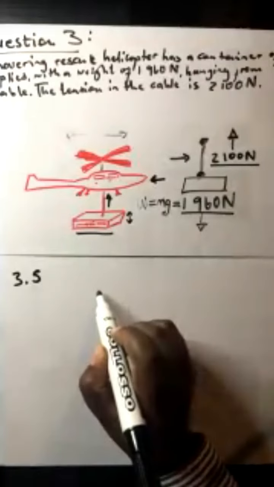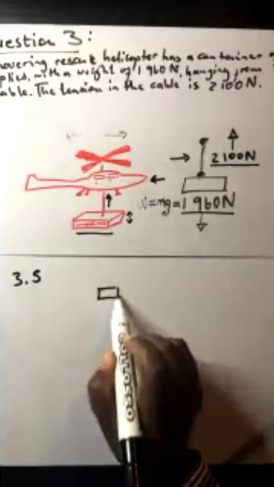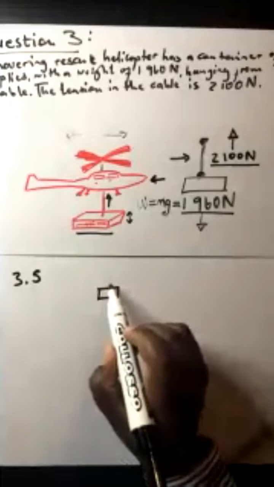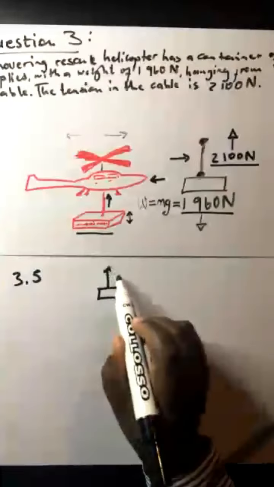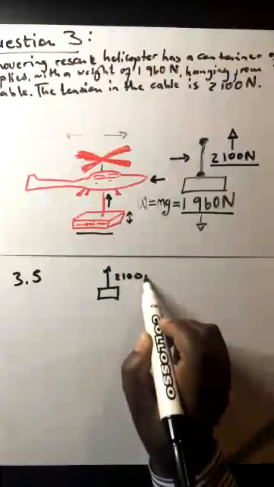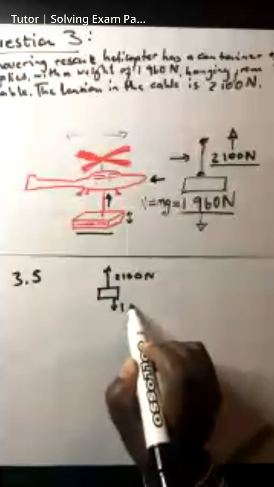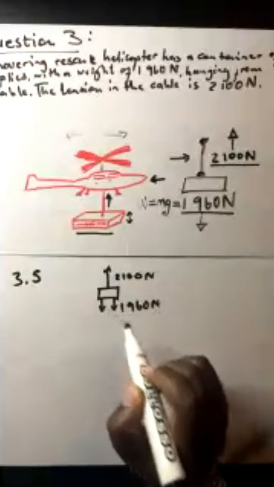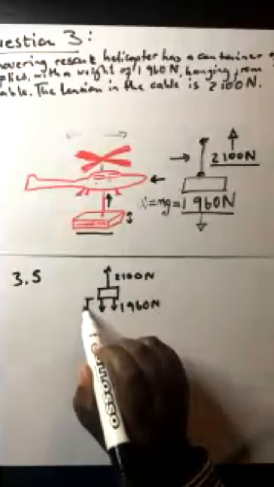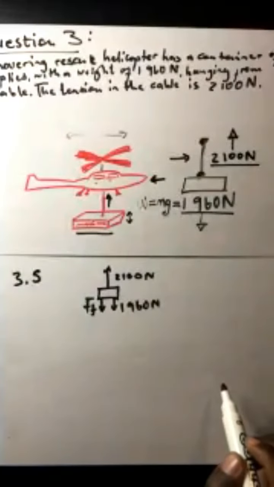So guys, if we had this container, initially we had the tension in the cable as 2,100 Newton, and then we also had the weight of 1,960 Newton, and again we know we had a force of friction.